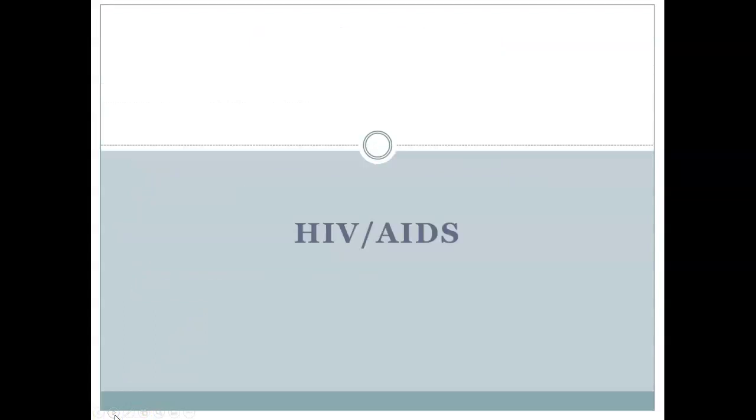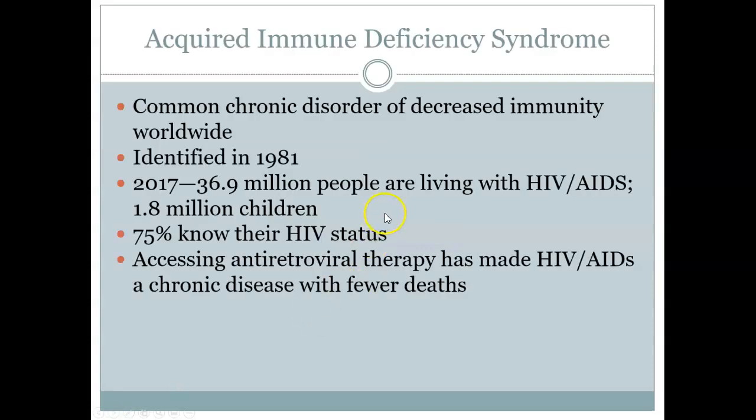Okay, so now let's talk about HIV and AIDS. It's an immune system disorder too, acquired immune deficiency syndrome. Identified in 1981, and in 2017 we have a larger number of the population living with HIV and AIDS because we've developed new medications that prophylactically help the patient who's positive for HIV, and also treat the patient with AIDS.